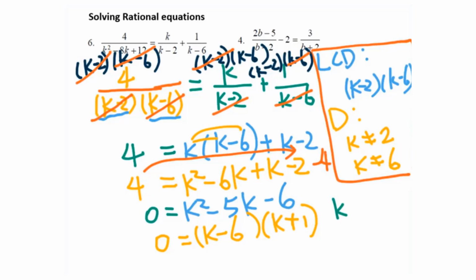Therefore, you will get k1 equals 6 and k2 equals -1. Then check domain. k cannot be equal to 6. That means 6 will be an extraneous solution. Therefore, only k equals -1 is the solution to this rational equation.